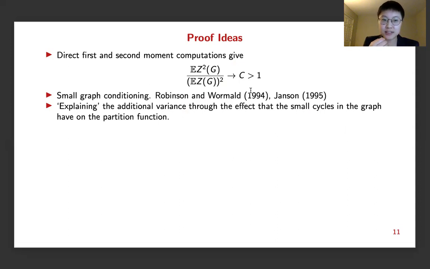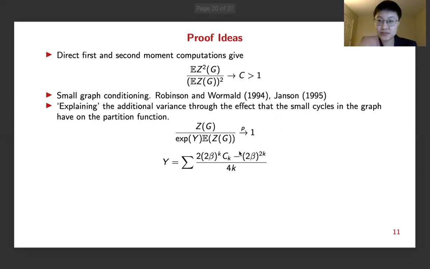We adopt a method called the small graph conditioning method, which was originally introduced by Robinson and Wormald and Janson. The method works by explaining the additional variance through the effect that small cycles in the graph have on the partition function. What does that mean?